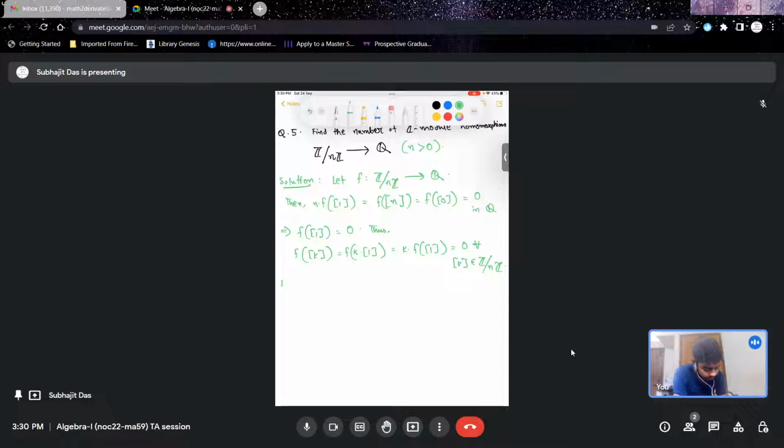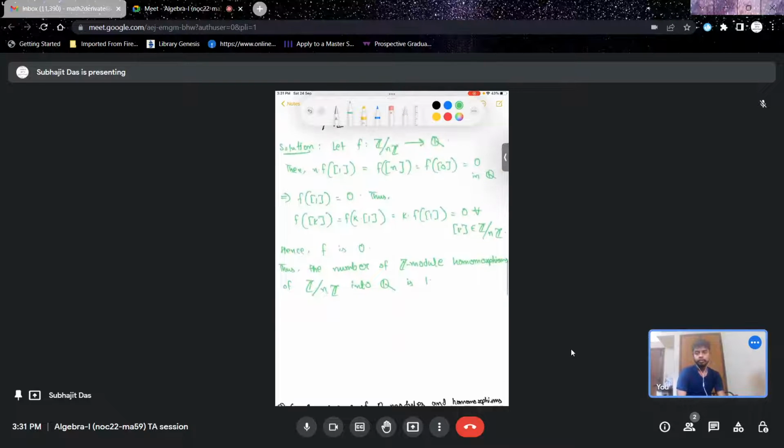Hence F is 0. Thus the number of Z module homomorphisms of Z mod nZ into Q is 1. That is the trivial map.